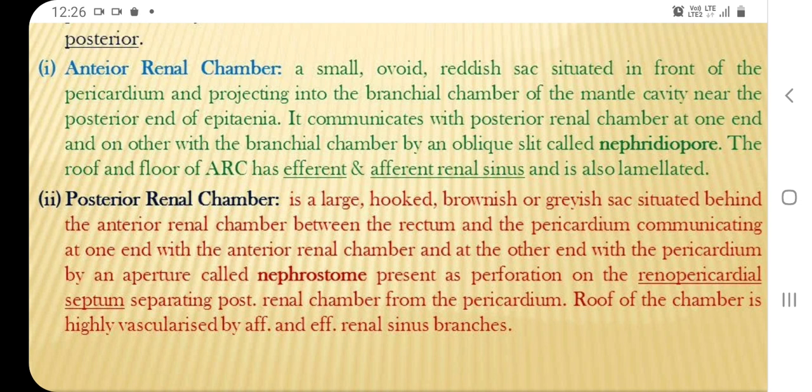The roof of the chamber is highly vascularized by afferent and efferent renal sinuses.